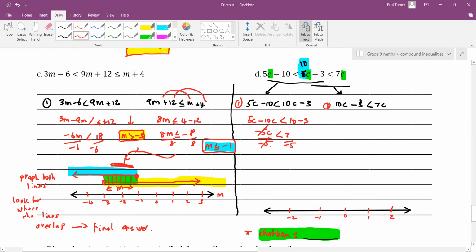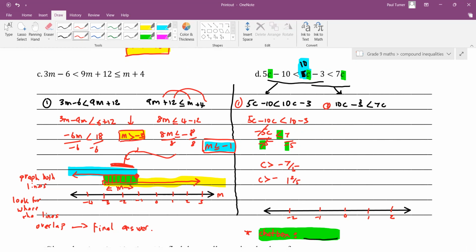And because you're dividing by this negative number here, remember to change the direction of your sign. So if you do make a mistake, it's most likely going to be here. So C must be greater than minus 7 on 5, which is negative 1 2/5. Okay, C is greater than that.